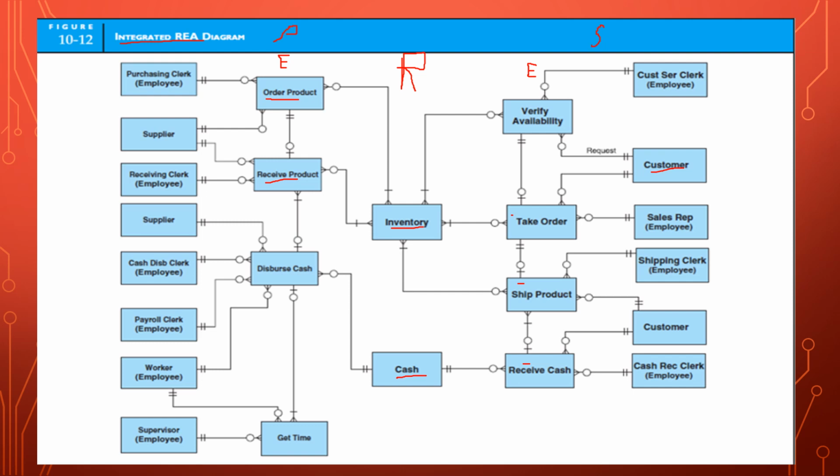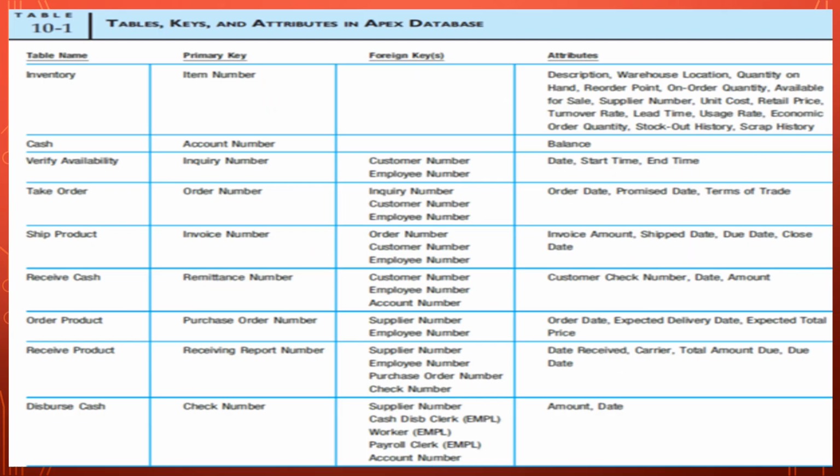That's how we integrate it through the steps that we mentioned earlier. First, we need to combine, and then determine the primary keys and the foreign keys, as well as the attributes.